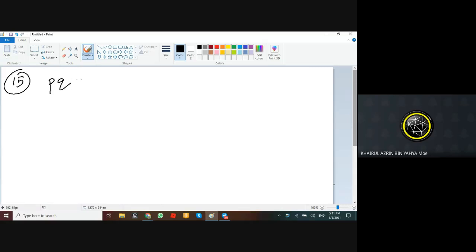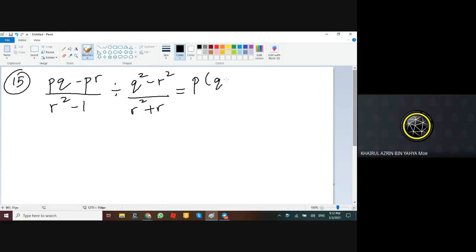PQ minus PR over R square minus 1, divide Q square minus R square over R square plus R. Okay. So PQ minus PR, we can factor P, Q minus R.